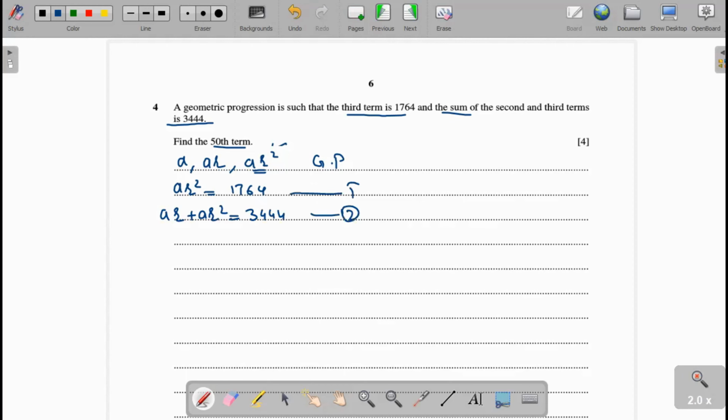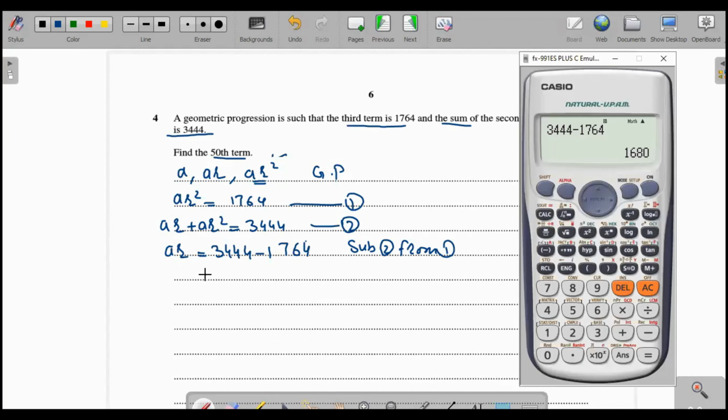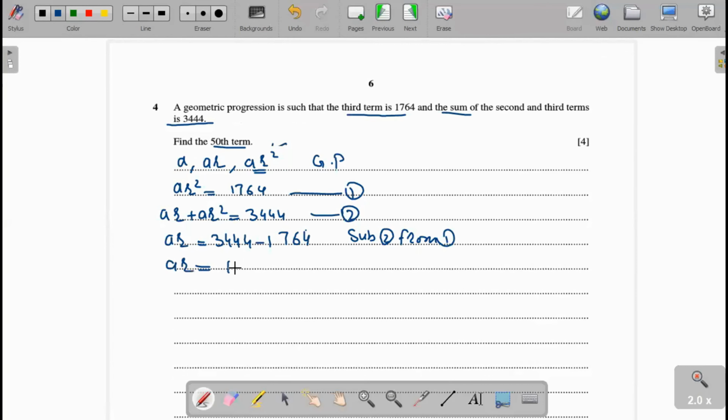We suppose this is equation 2 and that is equation 1. We subtract equation 1 from equation 2, and therefore we get the value of ar: ar = 3444 − 1764. Now we subtract and get 1680. This is the value of ar.